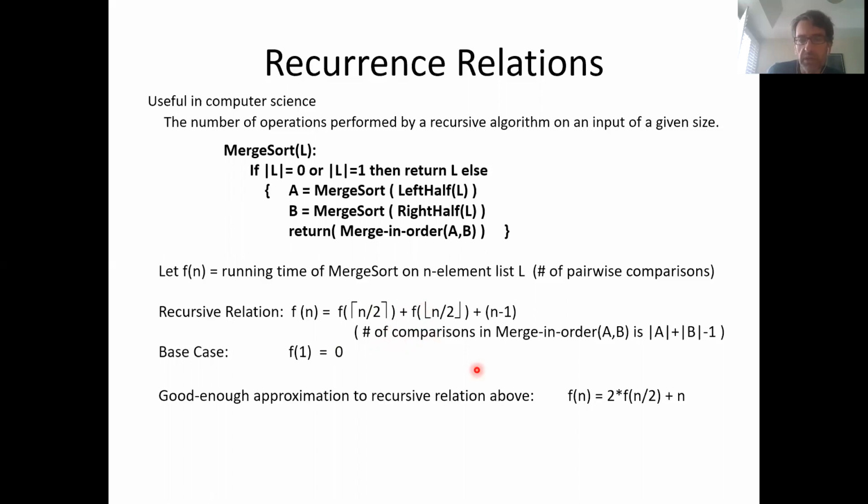I'm just going to observe a close enough approximation. Just think of n being a power of 2, just to simplify life. All the other cases will be in between, so this is a good approximation. So basically what this formula says is that f of n is f of n over 2 plus f of n over 2, so it's 2 times f of n over 2. And let's just treat the subtracted term as n.